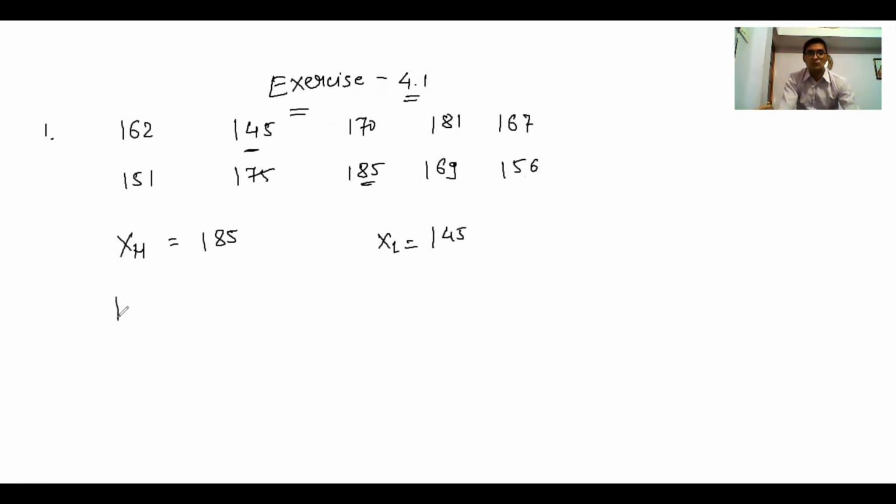So the formula of range is XH minus XL, that is 185 minus 145, and our answer is 40. This is called range. Now, in the question, they have also asked to find the coefficient of range.